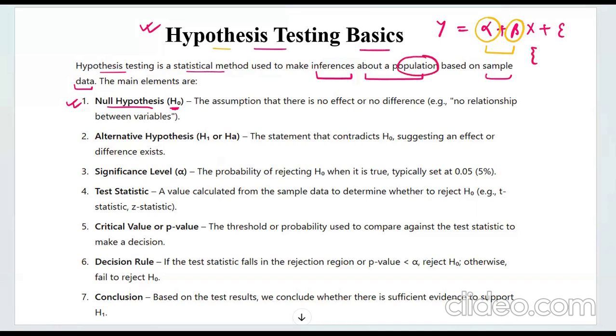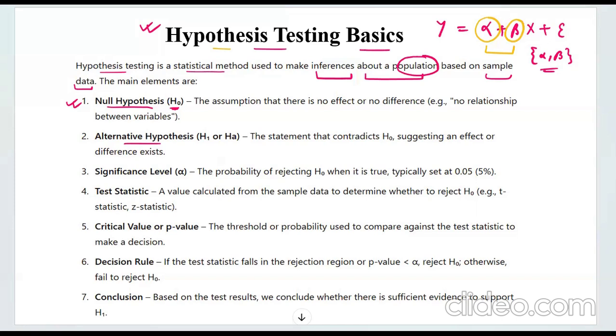Here there are two population parameters, alpha and beta. So we will work with alpha and beta only, based on sample data. We will use sample data to test whether our parameters are statistically significant or not. But the null hypothesis and the alternative hypothesis will be defined only on population parameters. So please be very clear about this.